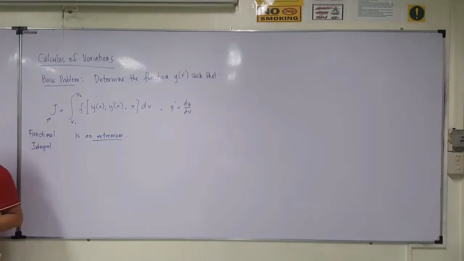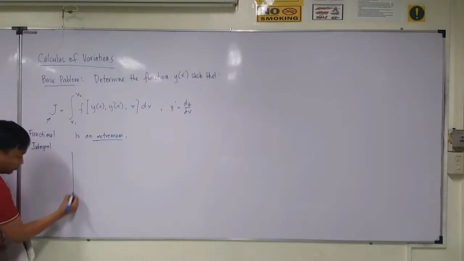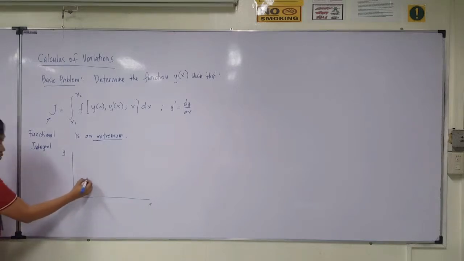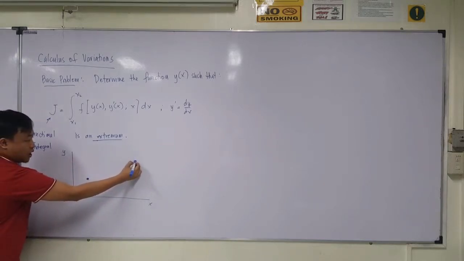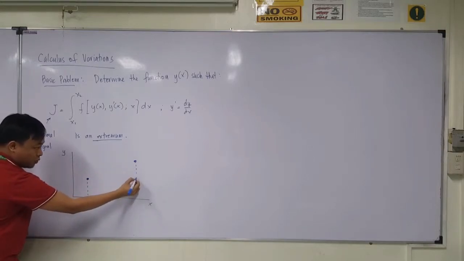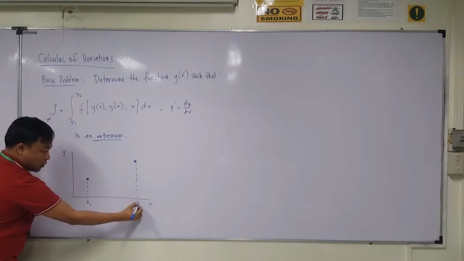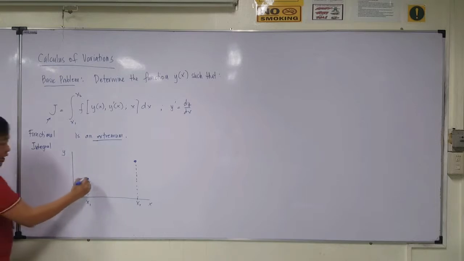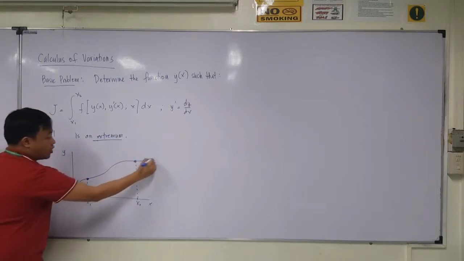But instead of just getting the derivative, we're going to deal with the variations of the function. For example, we have this function y as a function of x, and we identify two points, x1 and x2. Between x1 and x2, there's a function.